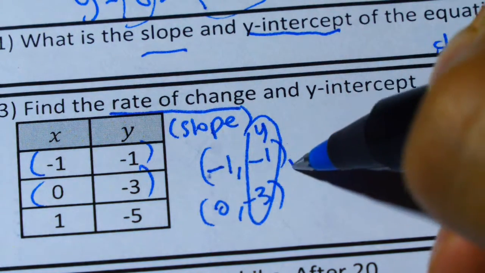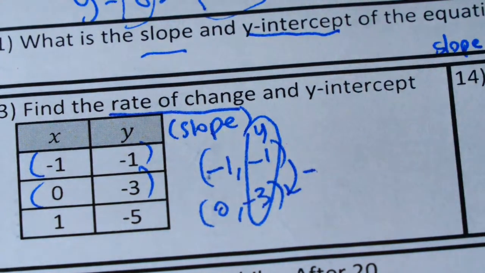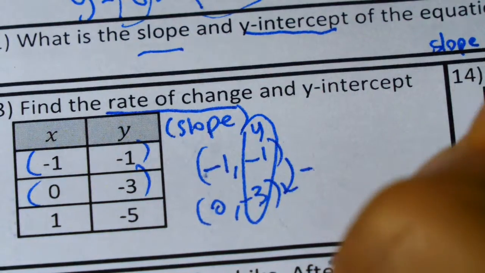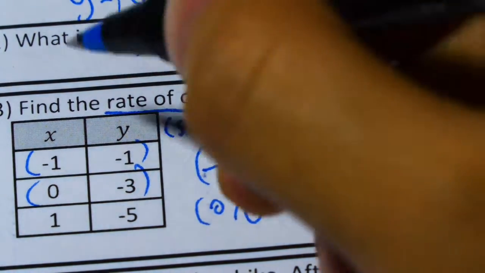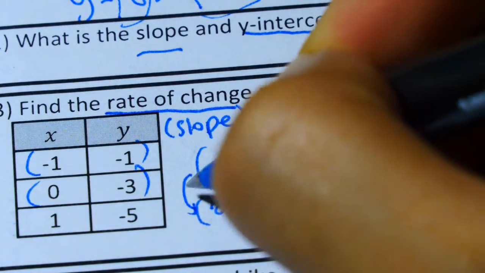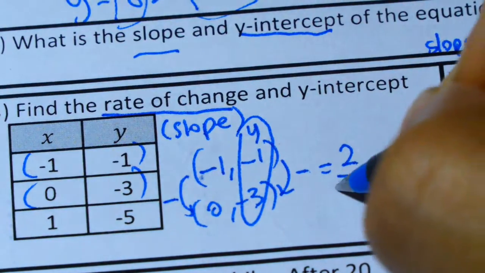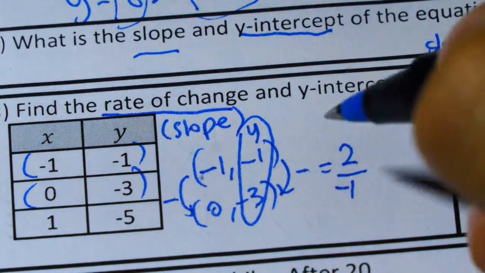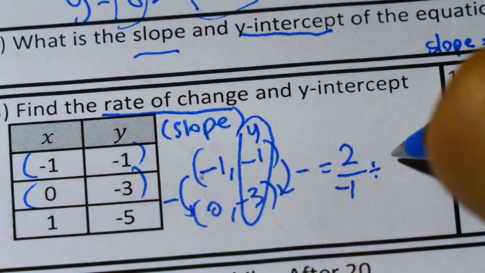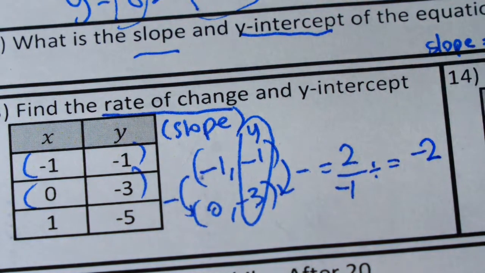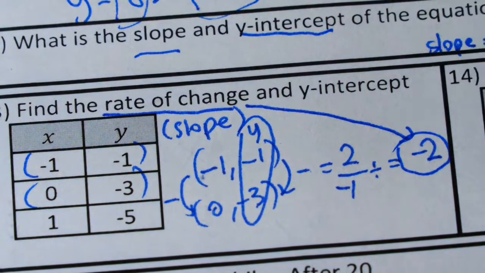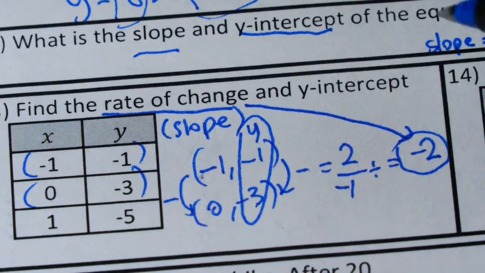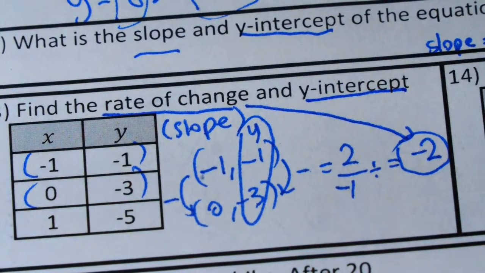So -1 minus -3. That's 2. Now -1 minus 0, -1. 2 divided by -1 is -2. So our rate of change is -2.